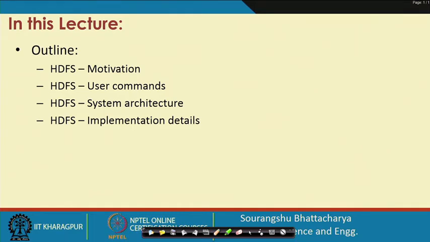Then we will see some of the commands you can use, to get a feel of how to interact with the Hadoop distributed file system. Then we will get into the system architecture of HDFS, and also see a few implementation issues and implementation details of HDFS.